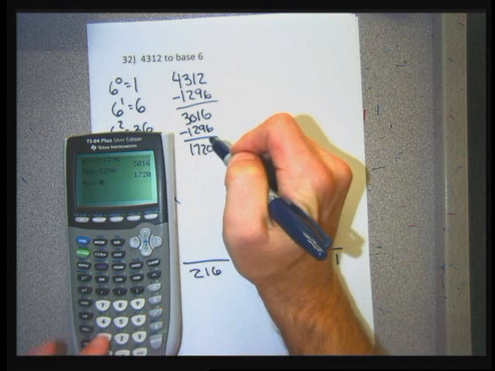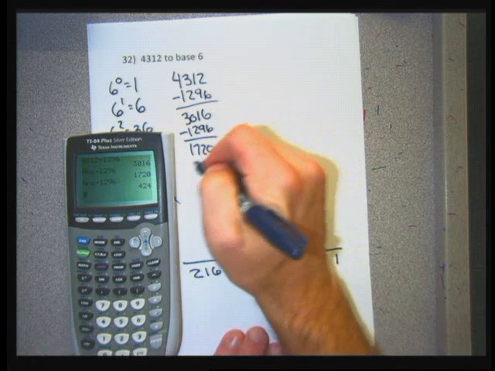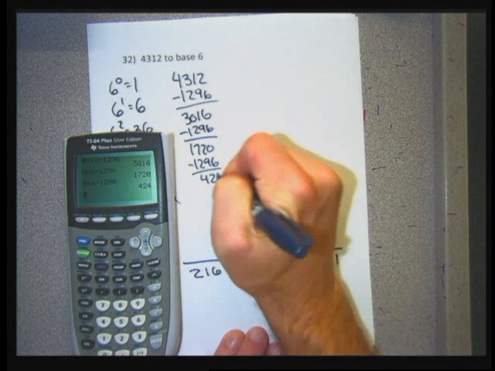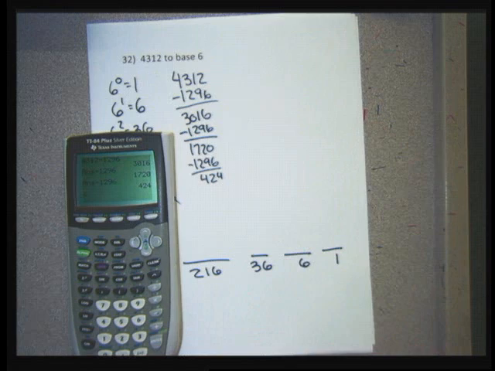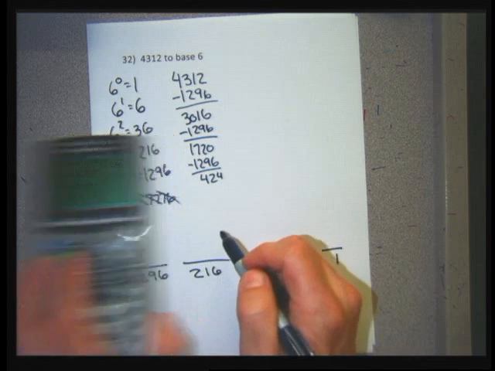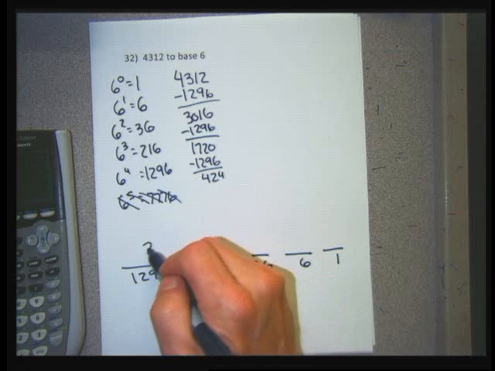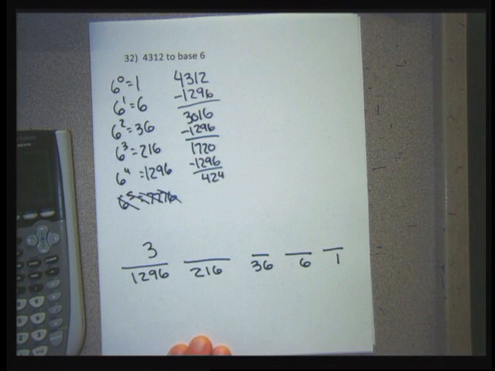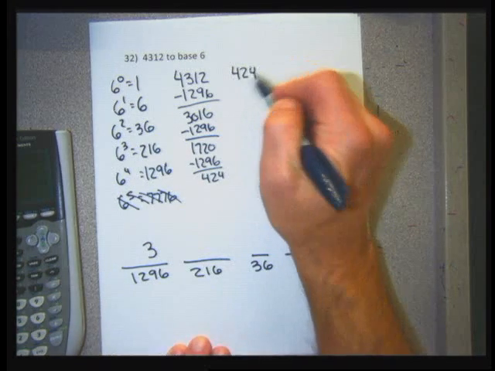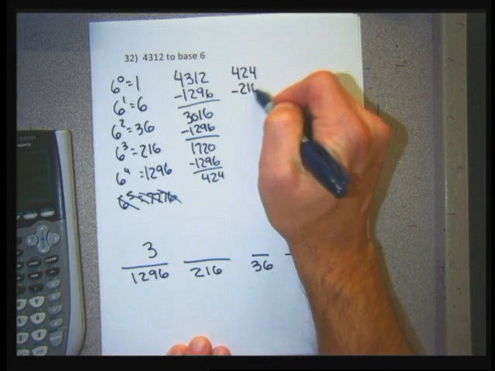And subtract it again and get 424. If I try to subtract it again, I'd get a negative. So above the 1296, I'm going to write a 3 because I was able to subtract it 3 times. I'm going to bring the 424, which is my remainder, up and start subtracting 216.